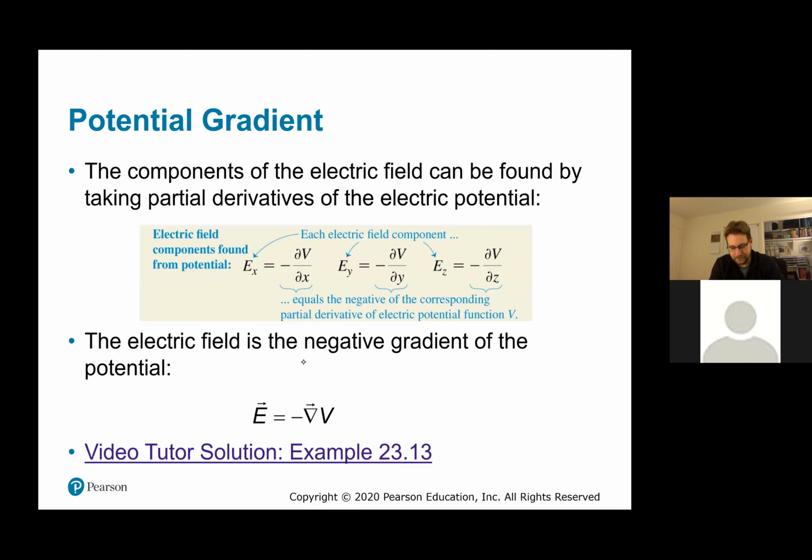But wait, that means if we can figure out the scalar electric potential associated with a charge configuration, then all we've got to do is take its gradient and we know the electric field.